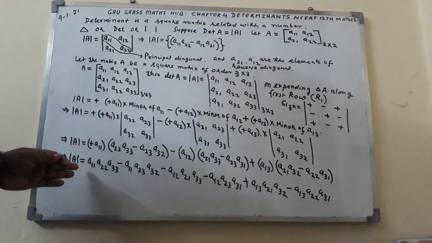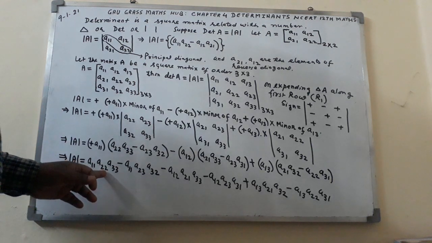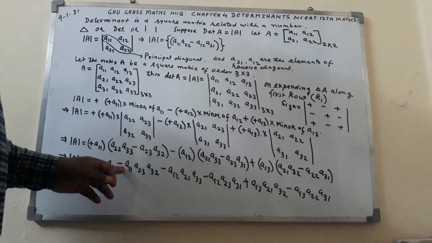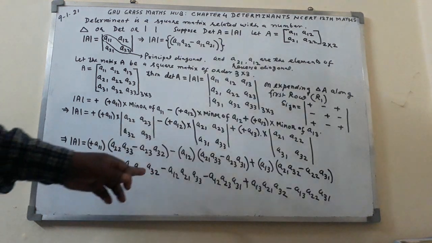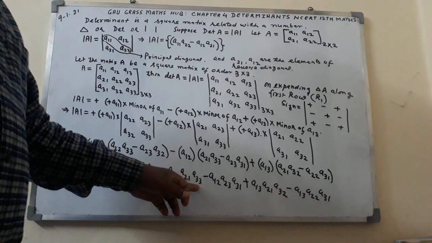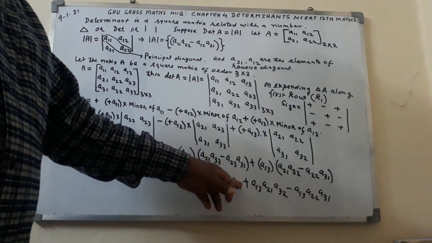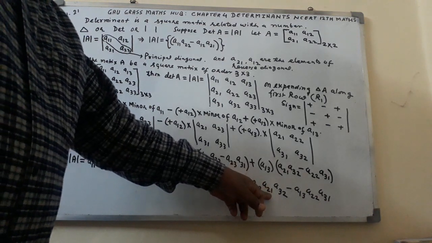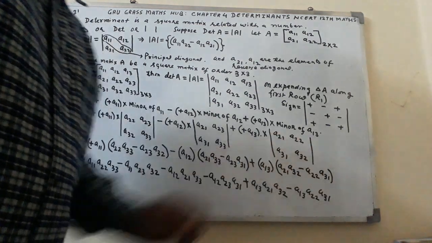The value of det A we have got here: A11 A22 A33 minus A11 A23 A32 minus A12 A21 A33 minus A12 A23 A31 plus A13 A21 A32 minus A13 A22 A31.